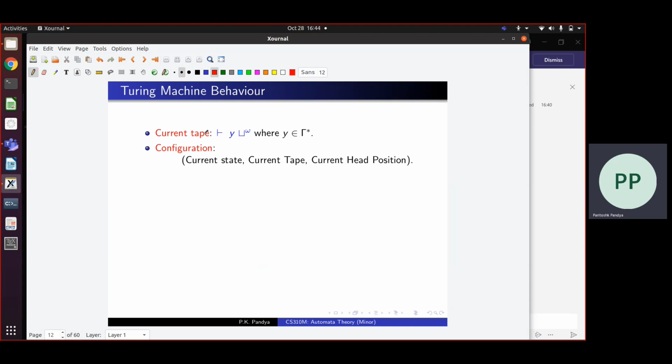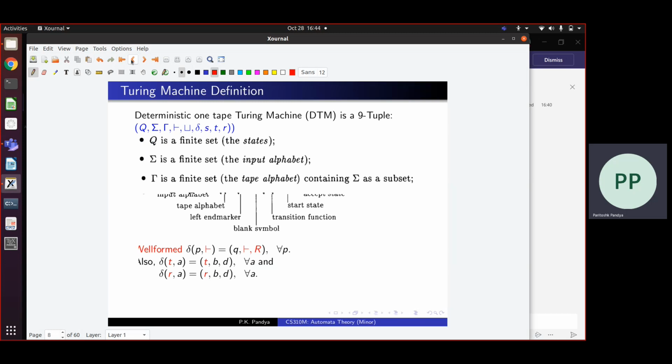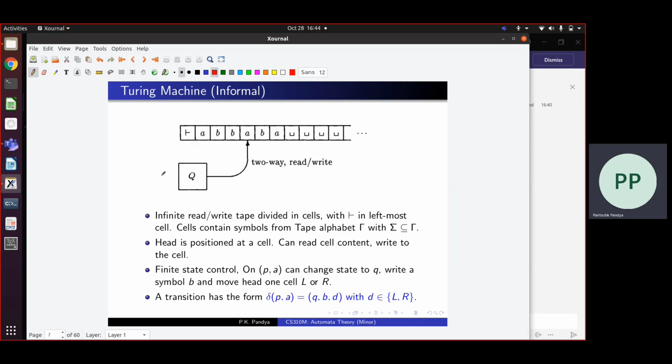And what is a configuration of the Turing machine? Well, the configuration of the Turing machine is the state in which the Turing machine is, the current content of the tape, and the cell at which the head is positioned. So if I go back to this diagram, let's say the finite state control is in state P, then the current content of the tape is this, and the head is positioned at cell number 4.